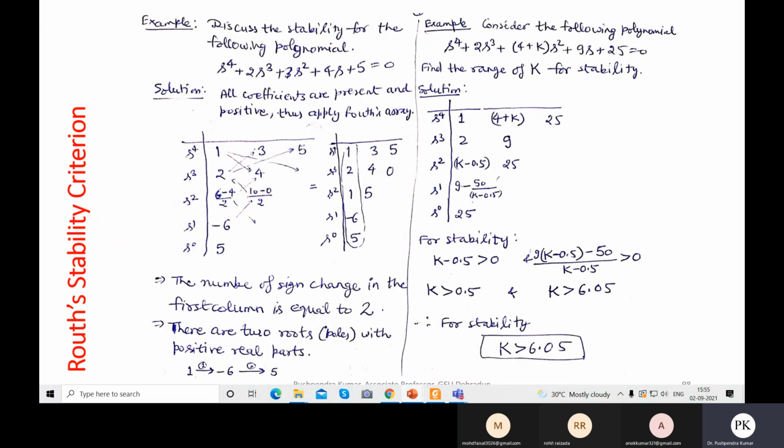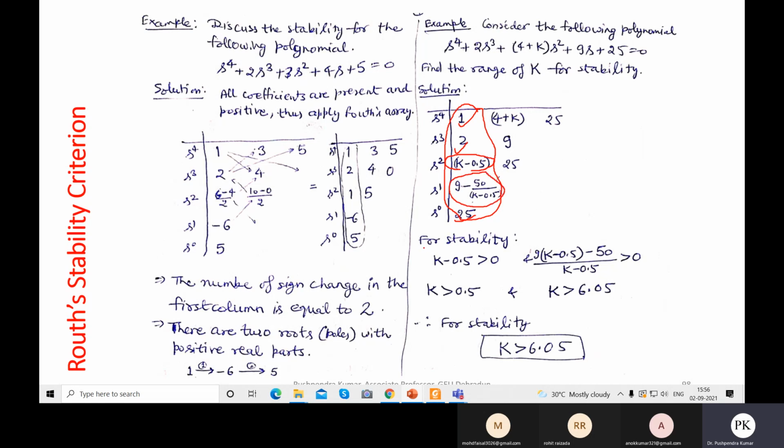Now we check the stability condition. For the system to be stable, as I told you, the first column should be positive. I know this is positive, 25 is positive, but I don't know about these, whether they are positive or not.